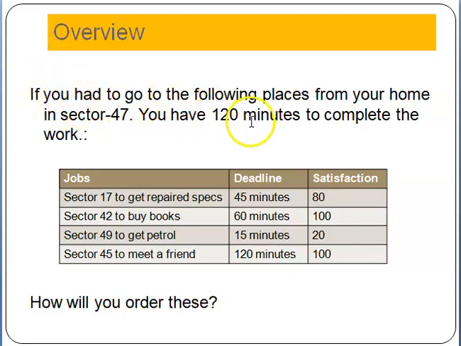Suppose you have to go to the following places from your home in sector 47 and you have 120 minutes to complete the work. Sector 17, to get your specs repaired: you have a deadline of 45 minutes to finish this job, and the level of satisfaction is 80%.